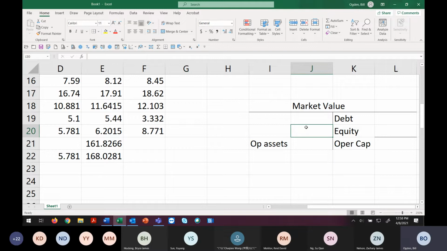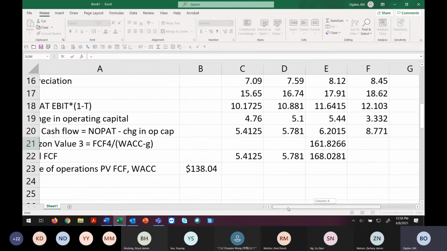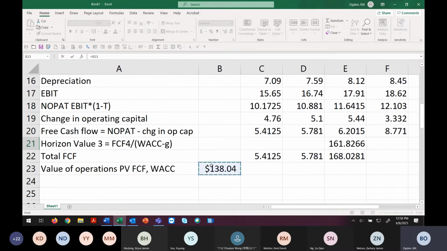Well, no, they're not actively traded. You have no idea. So what you do is you come over here and you finish this side. What we just did is we have an estimate of the market value of the total operating capital. So we're going to set this number equal to this number.